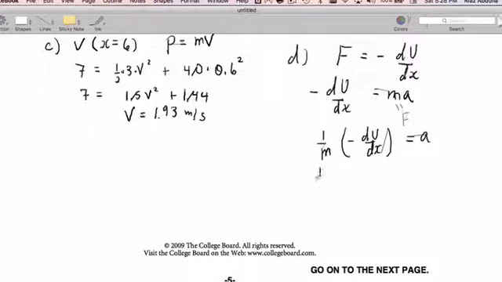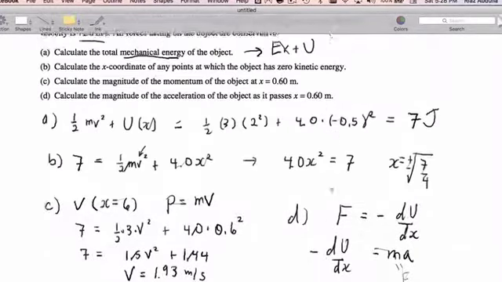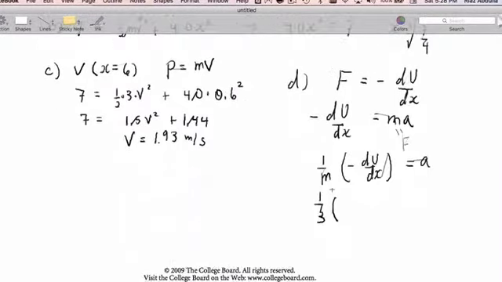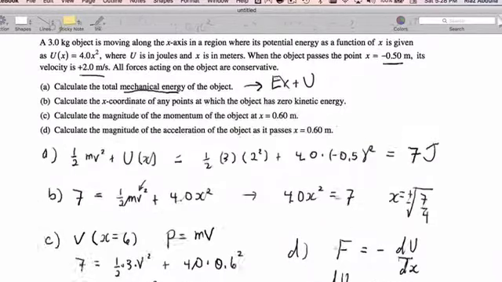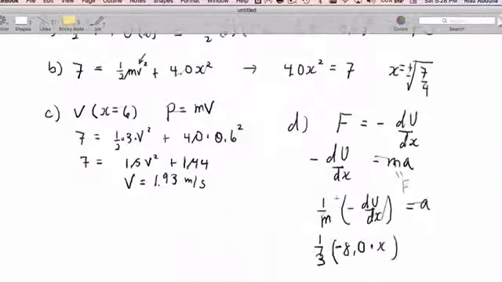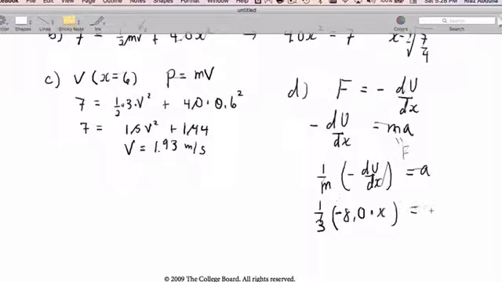So we're going to take 1 over 3, and then we're going to take the derivative, so that's going to give us 8.0 times x. So that'll be negative 8.0 times x equals a. And we're doing that at the point 0.6. So when we multiply all this out, 8 times 0.6 is 4.8 divided by 3 is, we're going to get negative 1.6 meters per second squared equals a.